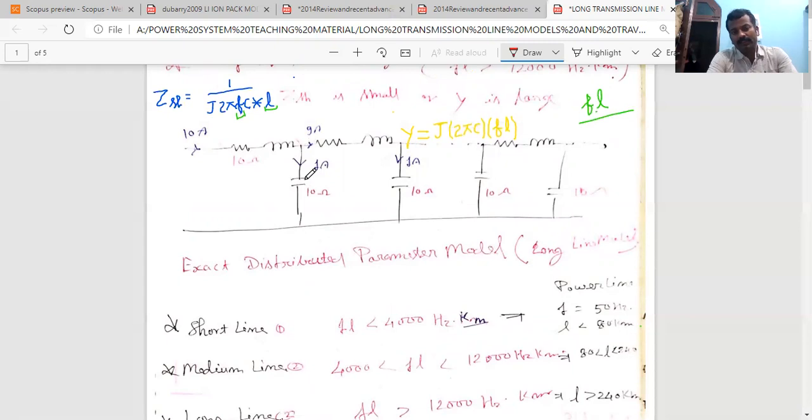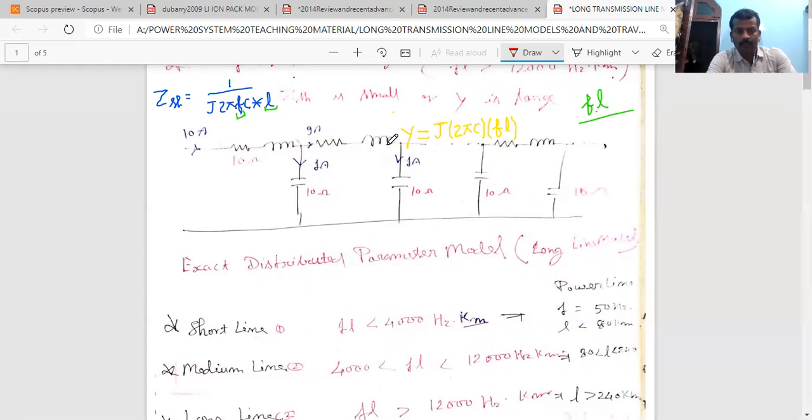Now, how does the length of the transmission line change the behavior of the transmission line, or how can some parameters be neglected if the length of the line increases? Suppose this is the transmission line circuit model, with resistance and inductance in series, and here the capacitor.